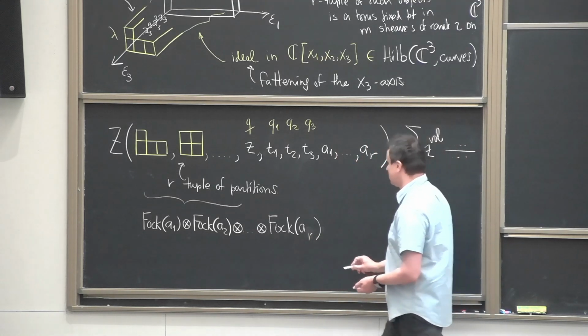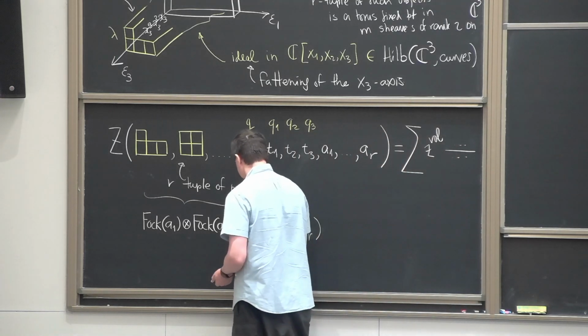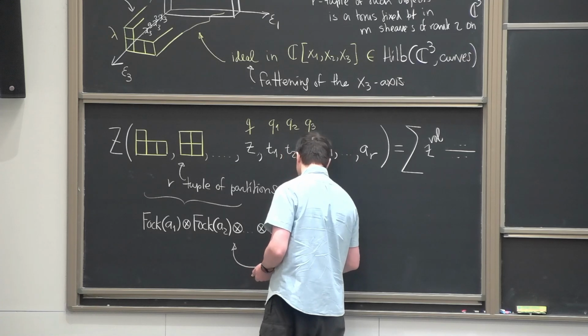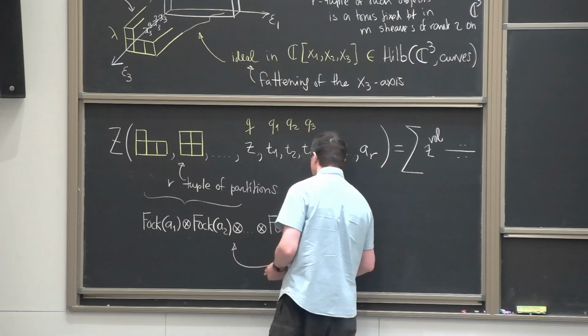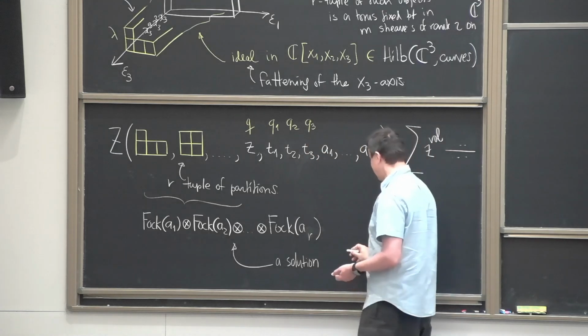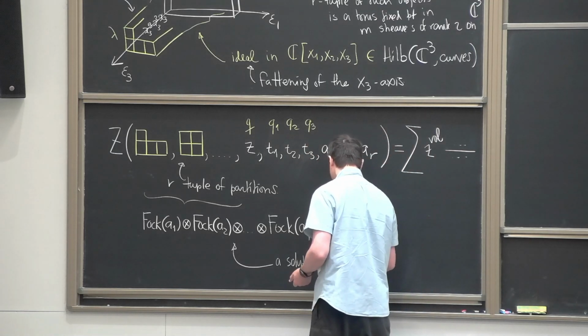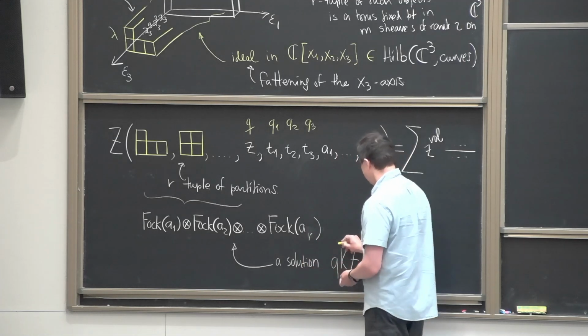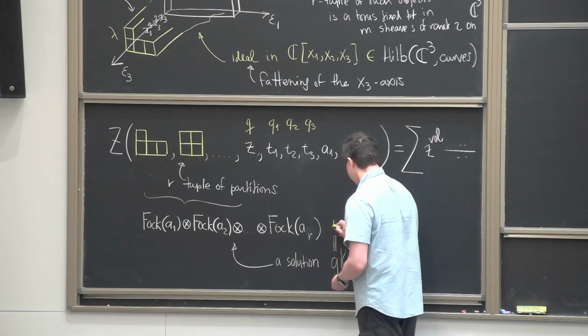And this object, what is this? This is a solution. And now my choice of variables will come to haunt me. I'll write QKZ, but this Q is T3.